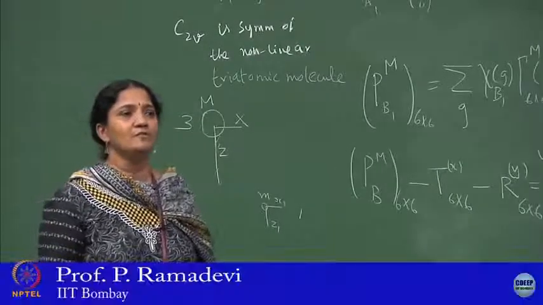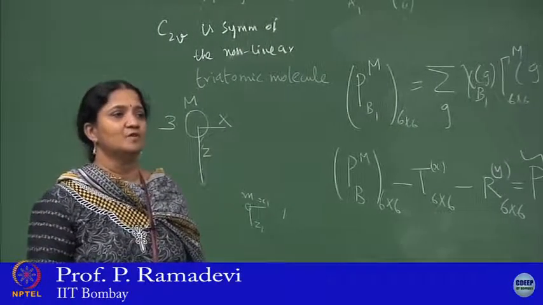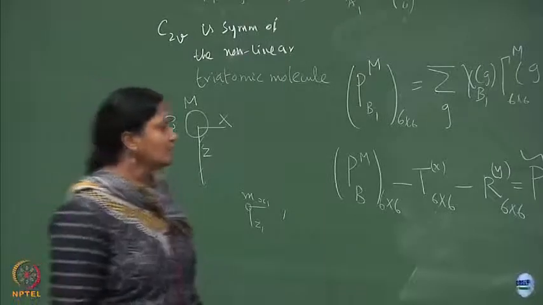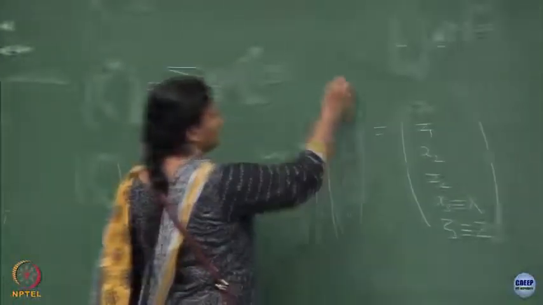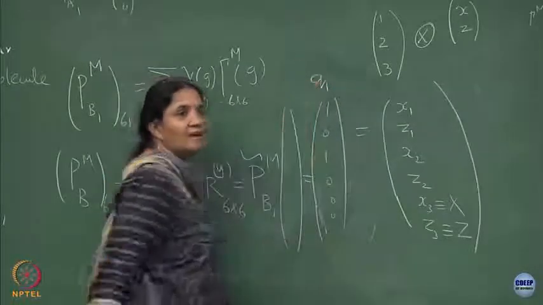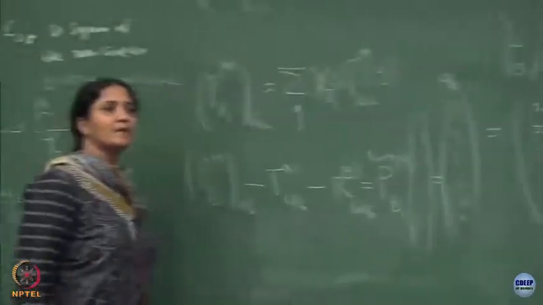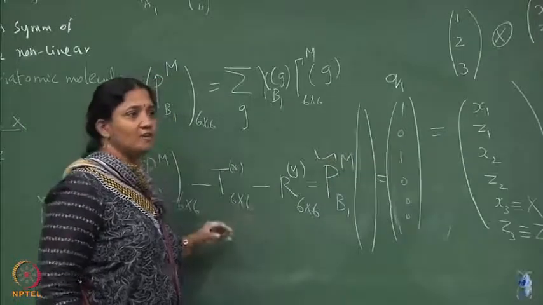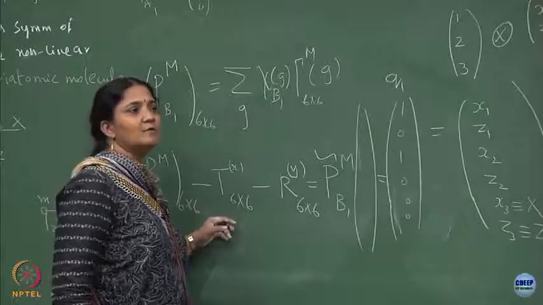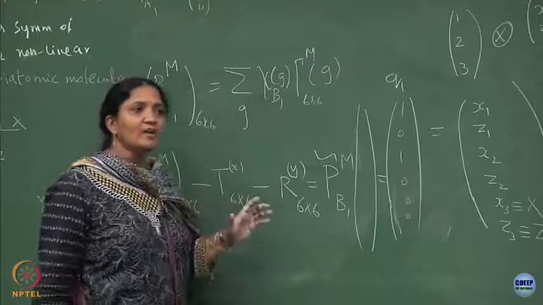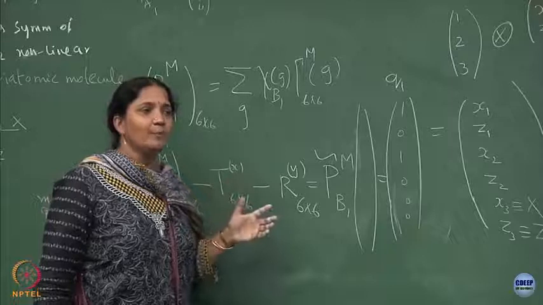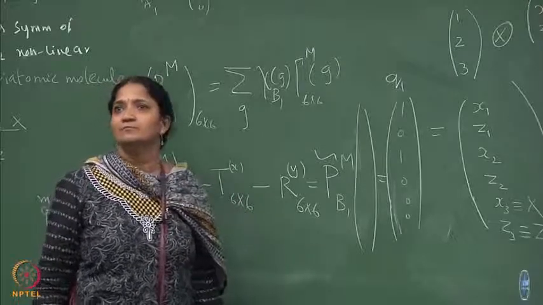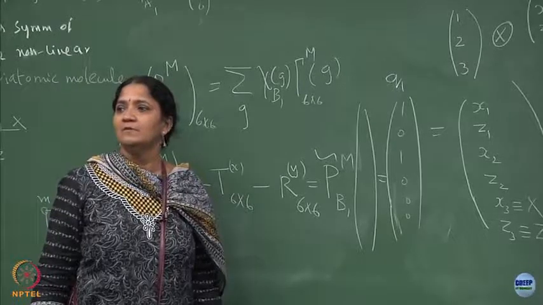I have not shown this, but you should try and check it out, and that will convince you that this is nothing but your Q1 in the earlier language, and you get the Q1 basis to be the irrep belonging to B1. Q2 and Q3 are the bases which belong to the irrep of the other two A1. Is that right?